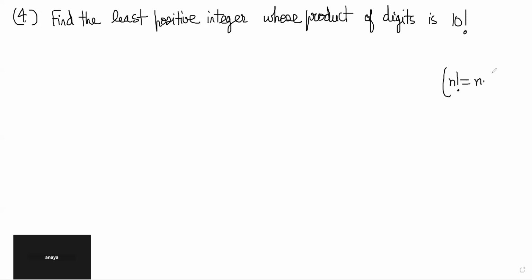It is the product of numbers from n to 1 if it is n factorial. So we have to find here the least positive number whose digits can be multiplied and you get 10 factorial. Try it out.